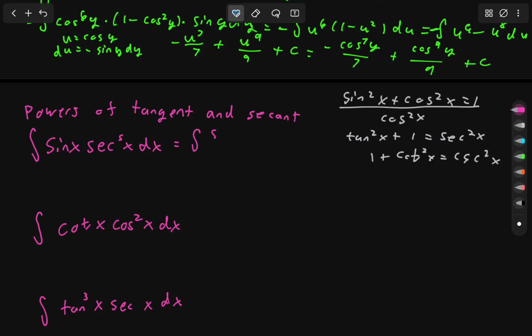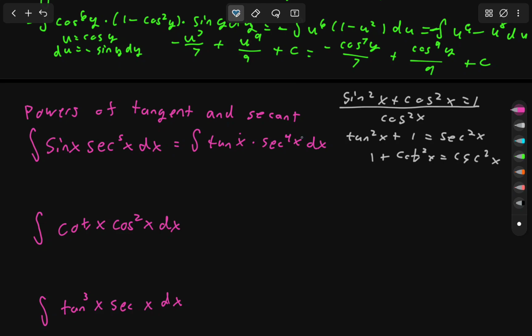So it's just going to become the integral of sine of x divided by cosine of x times secant of x to the 4th, because this is really 1 over cosine to the 5th, but we just pulled one of the cosines out over here. Now this expression right here is just the same thing as tangent of x.